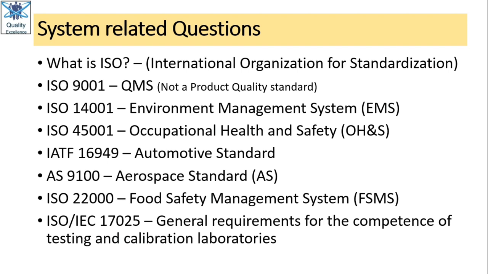ISO 22000 is related to the food safety management system, FSMS. ISO/IEC 17025 is related to general requirements for the competence of testing and calibration laboratories. So these are all standards. If they are related to you, questions related to these standards may be asked in the interview.